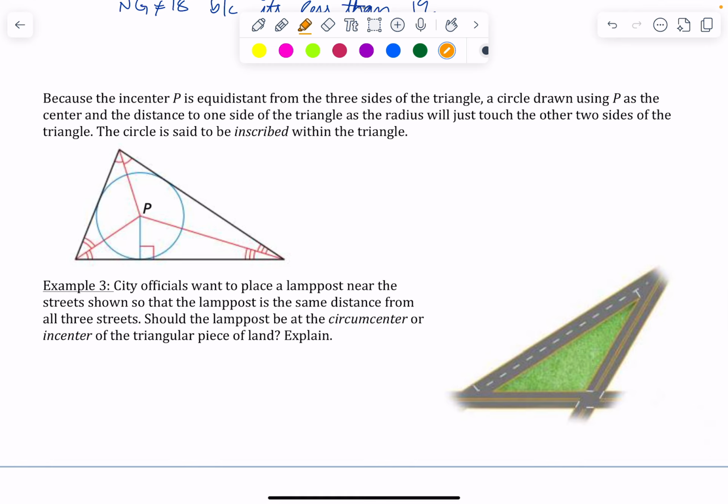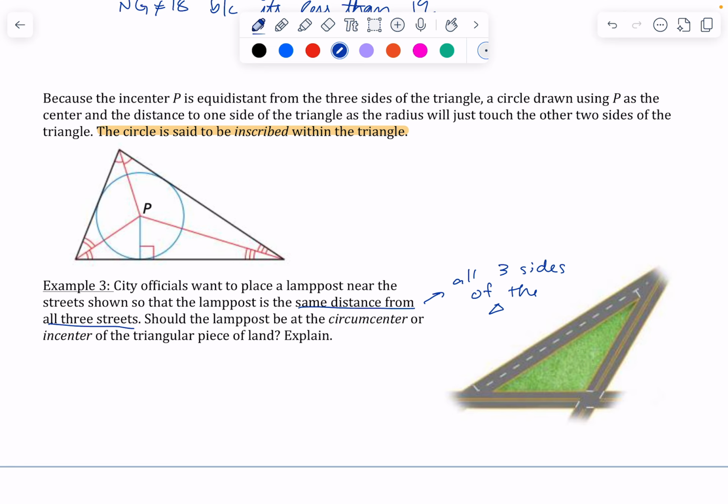All right. City officials want to place a lamppost near the streets shown so that the lamppost is the same distance from all three streets. Okay, the same distance from all three streets. In other words, the same distance from all three sides of the triangle. Okay?